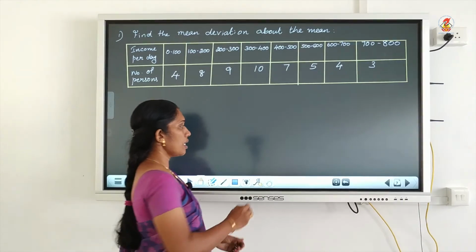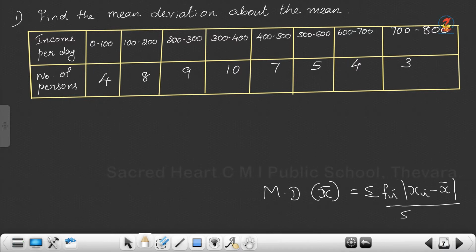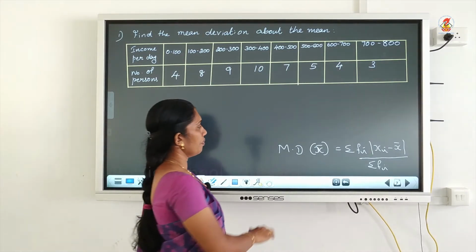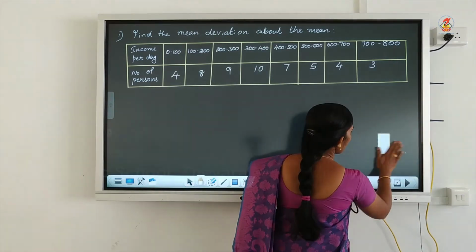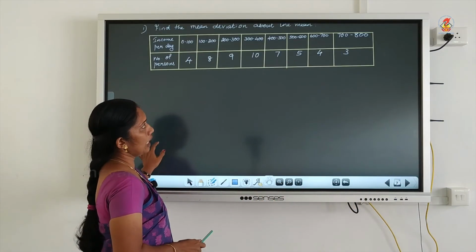So, the formula for mean deviation about the mean x bar is equal to sigma fi into the absolute value of xi minus x bar, by sigma fi. Okay. So, the first step is to find the mean. For a continuous frequency distribution, first find the mid value.